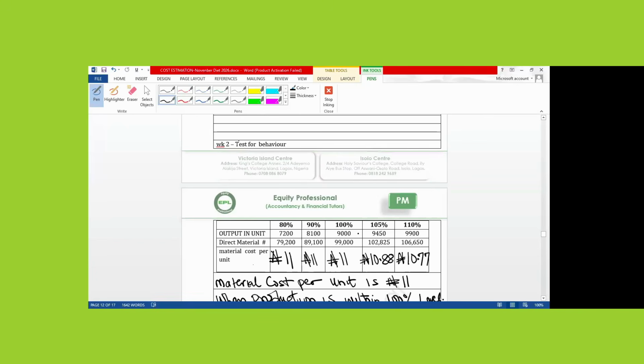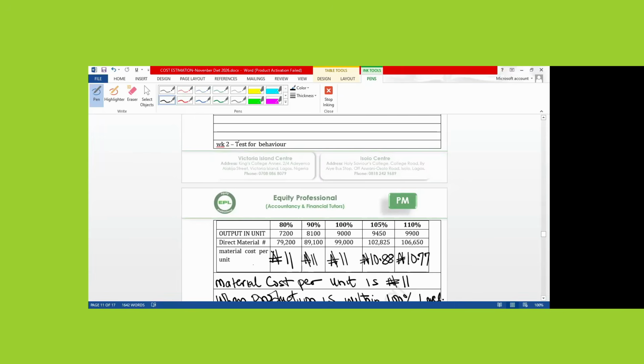When production is above 100%, so 1,900 units, material cost 106,650.